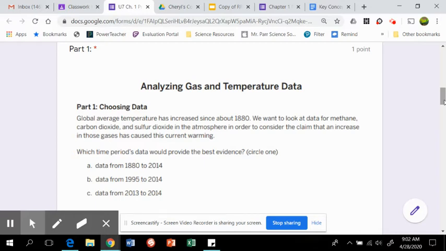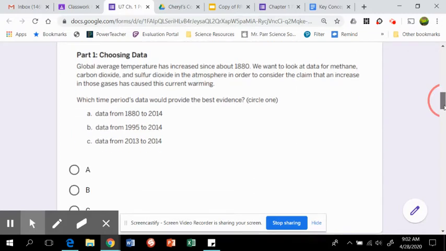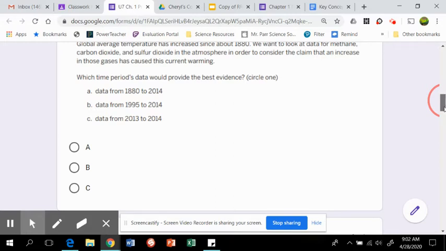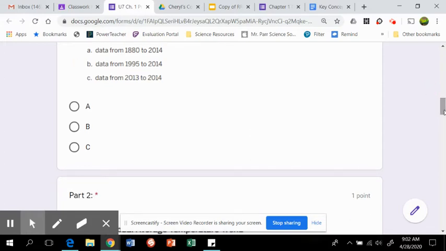So which time period's data would provide the best evidence? Would you want data from 1880 to 2014, which is A, data from 1995 to 2014, which is B, or data from 2013 to 2014, which is C? You're going to choose your best answer, and you're going to click it.